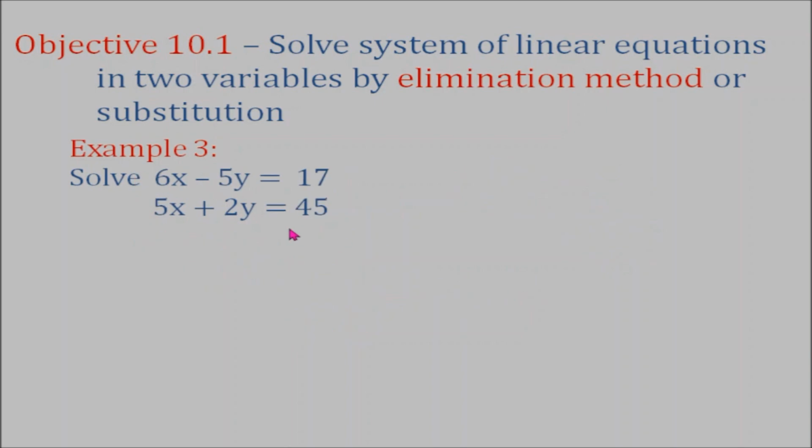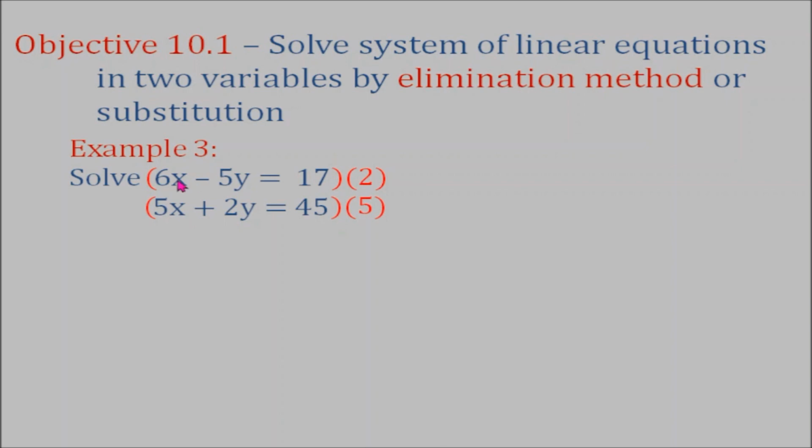Example number 3. Solve 6x minus 5y equals 17 and 5x plus 2y equals 45. To eliminate y, we are going to multiply the first equation by 2 and the second equation by 5. So let's do that.